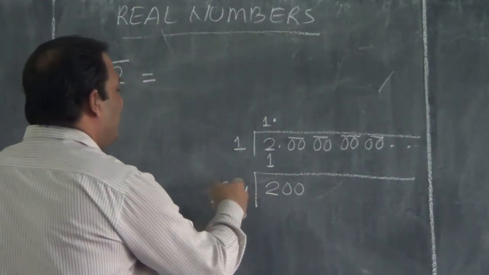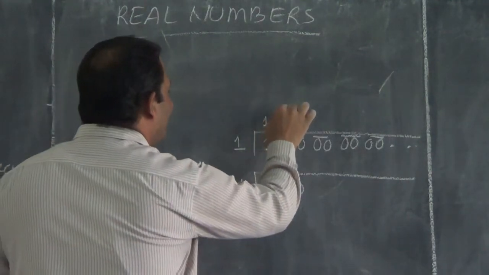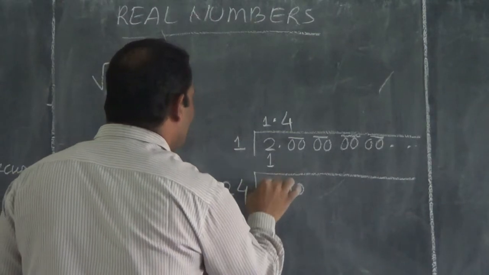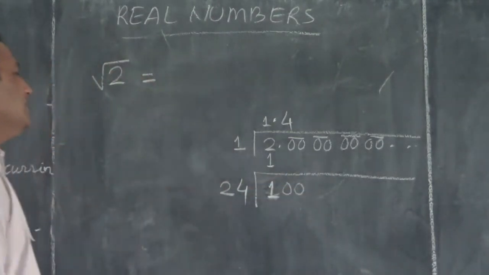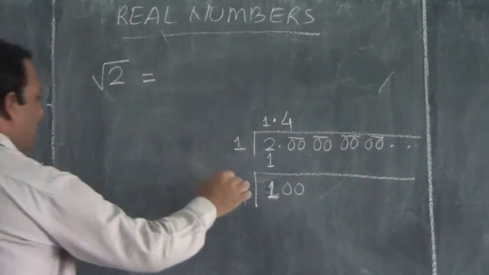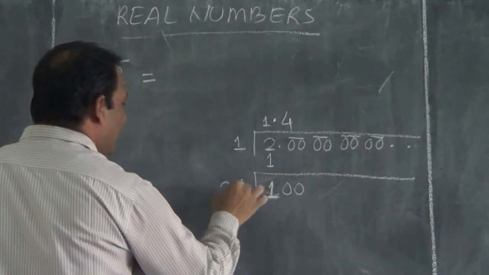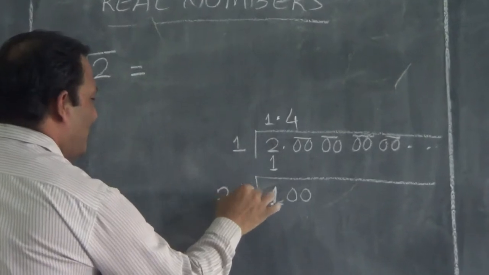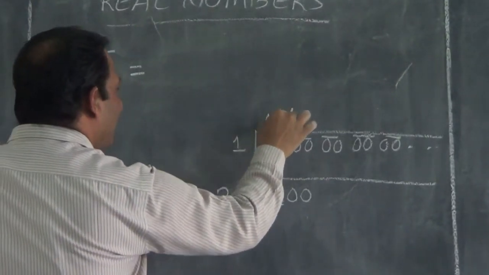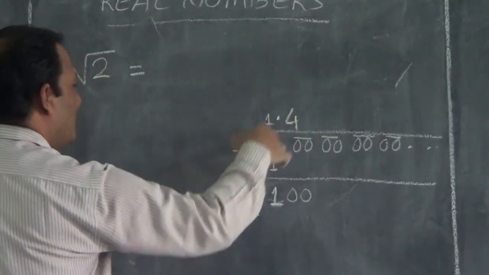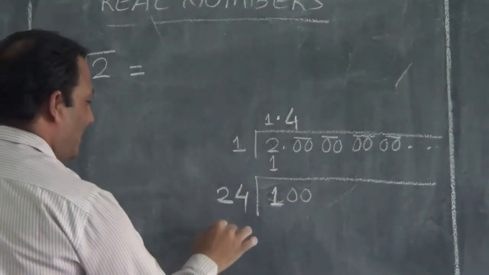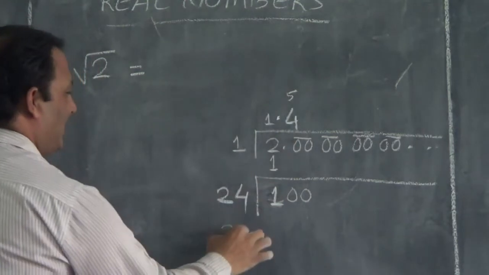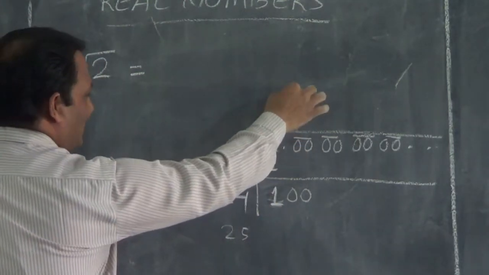So here if you take 4 times, you have to write 4. Sorry, here I made a mistake, 2 1. So here I wrote 4, because if I write 4 here, I have to multiply this with 4 only. Remember, if I write 5 here, here also I have to write 5. At that time 25 into 5 I have to take.